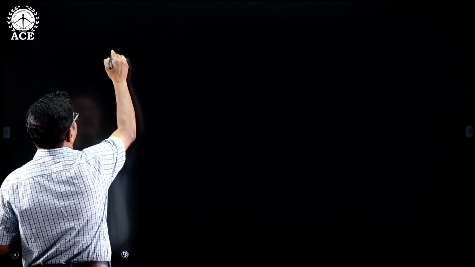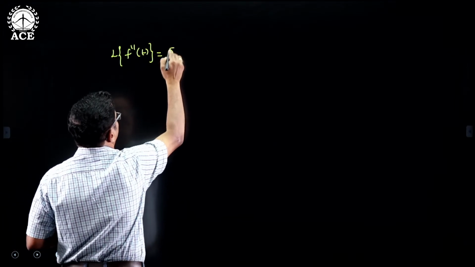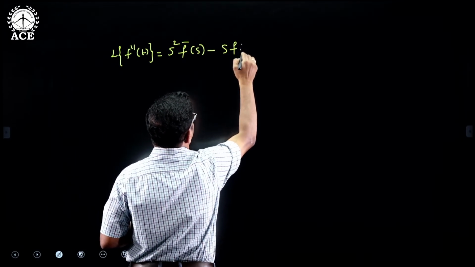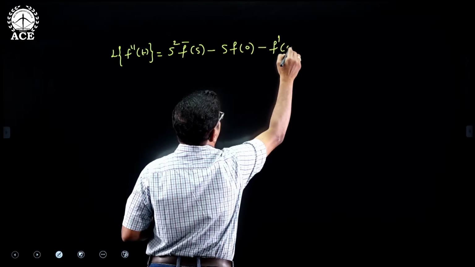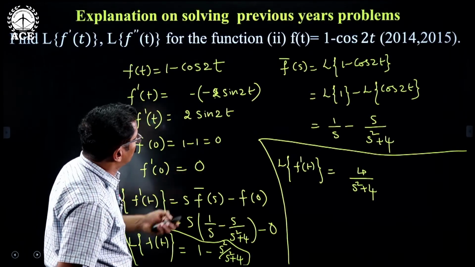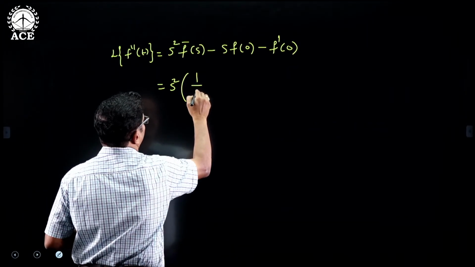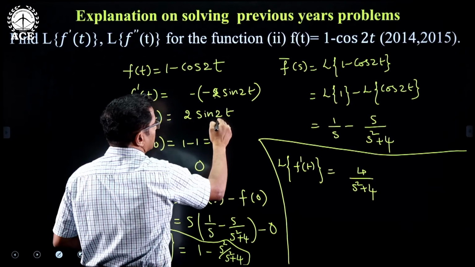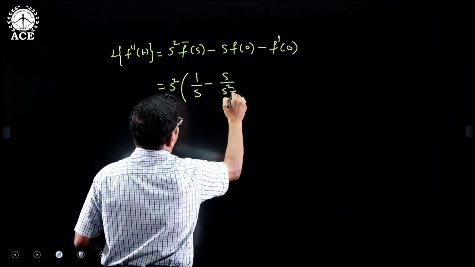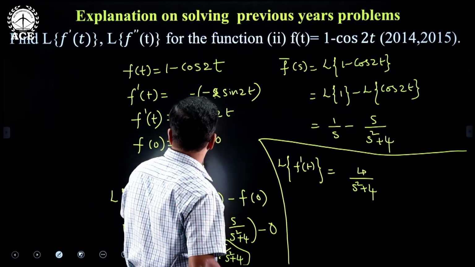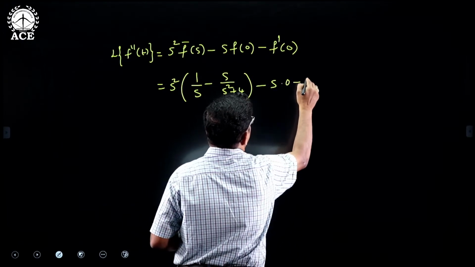Now L of f double dash of t equals s square into f bar of s minus s into f of 0 minus f dash of 0. So which is equals to s square into f bar of s, which is 1 by s minus s by s square plus 4, minus s into f of 0 which is 0, and f dash of 0 is 0.